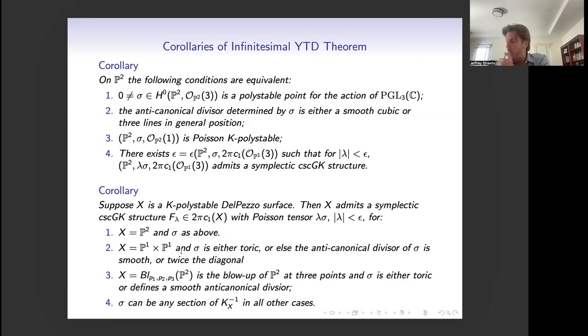In the case of P1 cross P1, we again have an explicit description of the relevant Poisson tensors: it's either toric or the anti-canonical divisor is smooth or twice the diagonal. In the case of the blow up of 3 points, sigma is again either toric or has a smooth anti-canonical divisor. And in every other case, sigma can be anything. They're all stable, as it turns out. So we have a very complete description of when you can do this deformation.